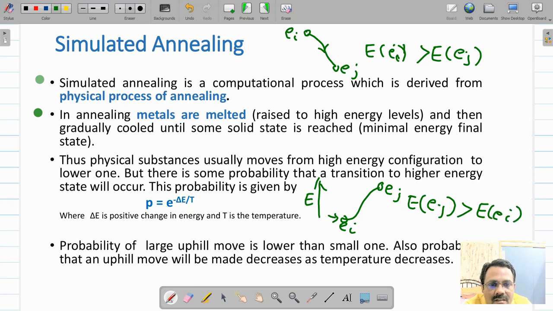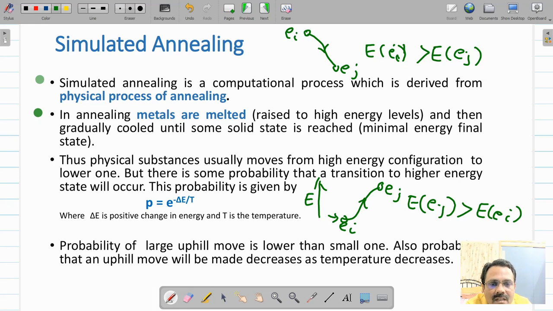Now in this case, in simulated annealing, still we will allow to move from state Ei to Ej initially. So in the initial phase of your algorithm, you allow the worse states also, although it is not better, because your problem is now a minimization problem. So you should go down to the minimum energy state.